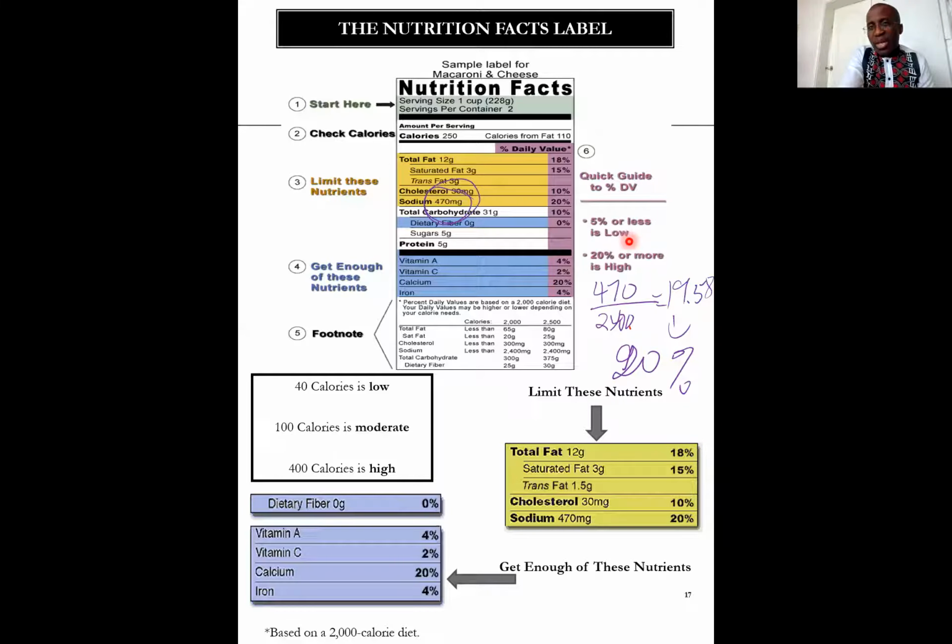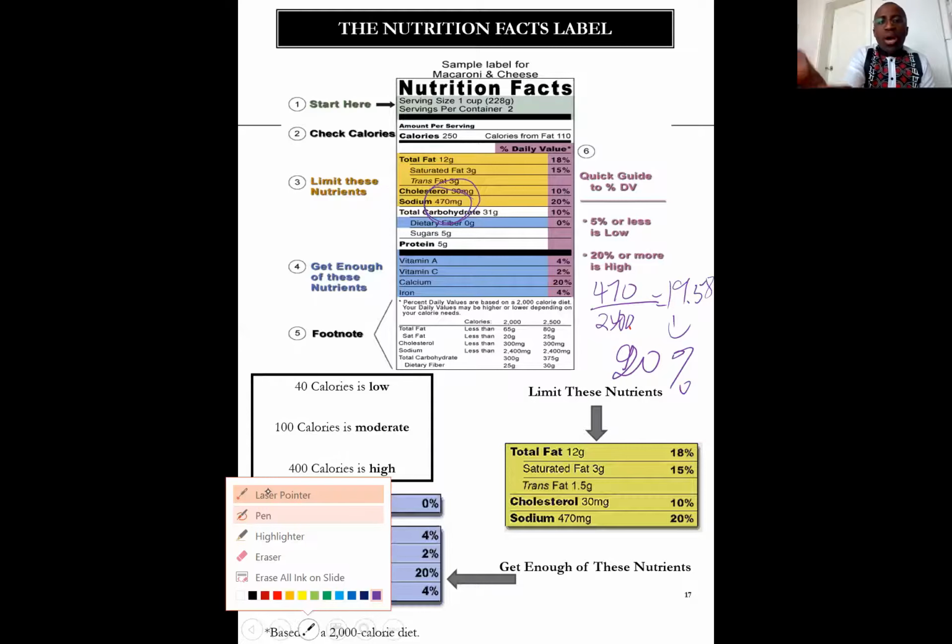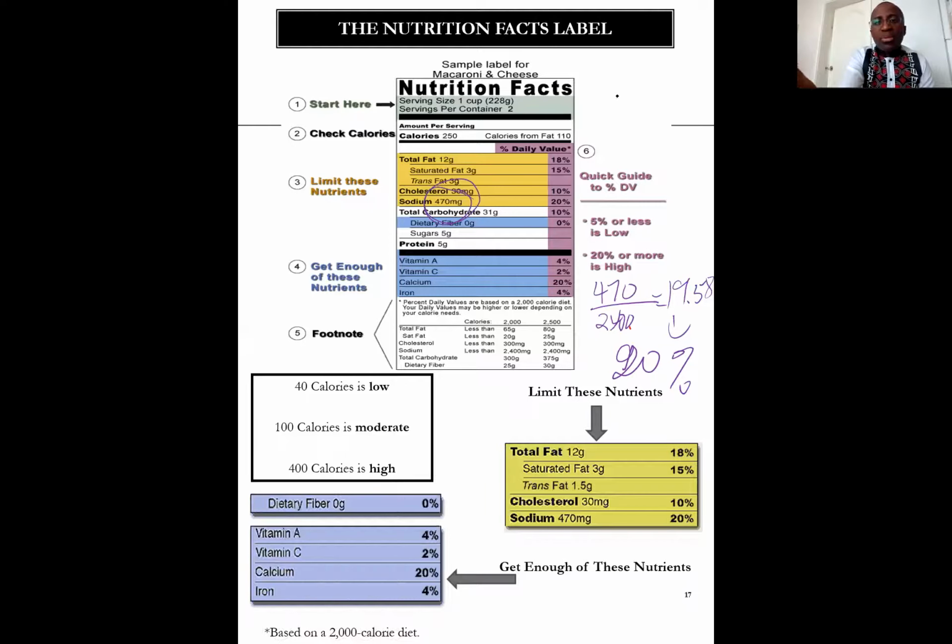All right. But if it's 20% or more, it is too high. So our good value, we want our daily value, all right? We want our daily value to be between 5% and 20%. Not daily value, percentage daily value. All right? Percentage daily value.